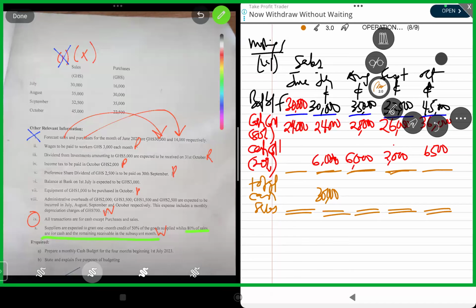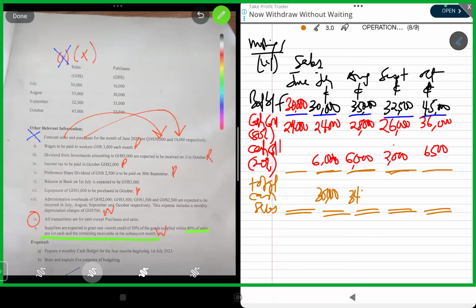34,000. The next one will be 28,000. But be quick. Then, oh, sorry. 36,000 plus 6,500. It's 42,500.